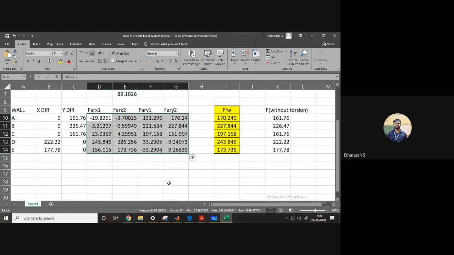In this case, instead of this being 170.24, suppose it was minus 170.24. When I use the formula of max, it will show 131.296 as the highest value. You should not do that. You should use absolute maximum, meaning I'm ignoring the sign. I only need the magnitude.